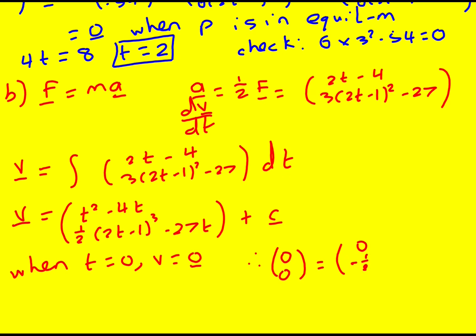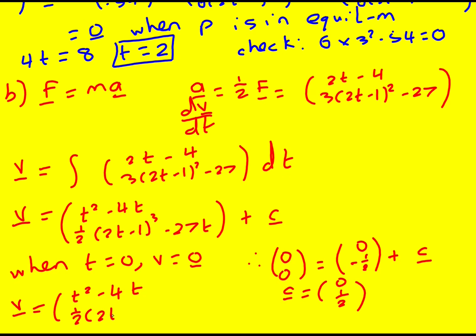And then the minus 27t just gives 0. Plus c. That means that c is going to be 0, a half. And therefore v is going to be t squared minus 4t, half times (2t minus 1) cubed minus 27t plus a half.